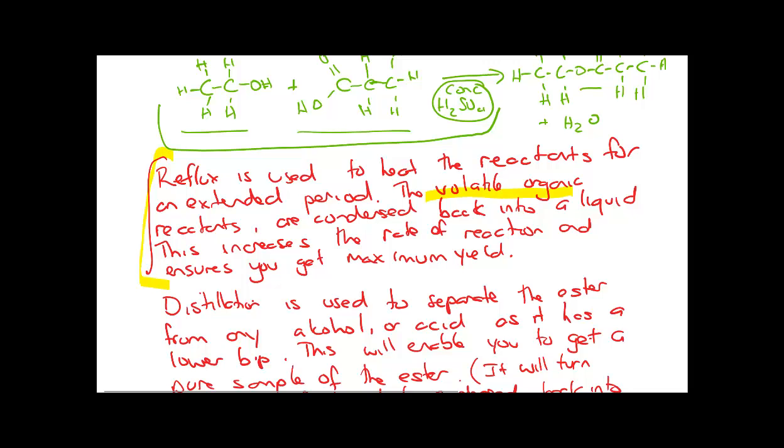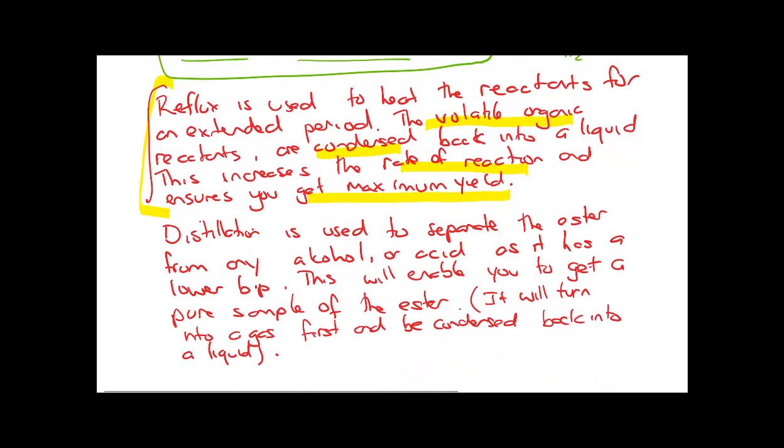And the fact that these are volatile just means they easily turn into a gas. And so when you heat them, you want them to condense back in. So you're using the condenser column, which cools the surrounding glass walls, so they'll form back into a liquid. And the key here is it increases the rate of reaction and ensures you get maximum yield. So that's reflux.